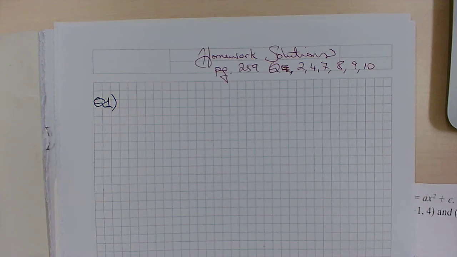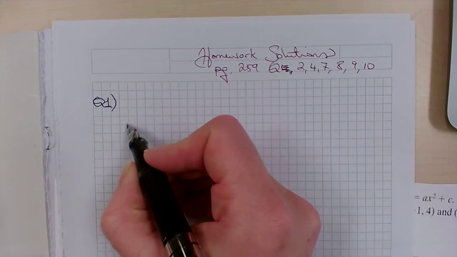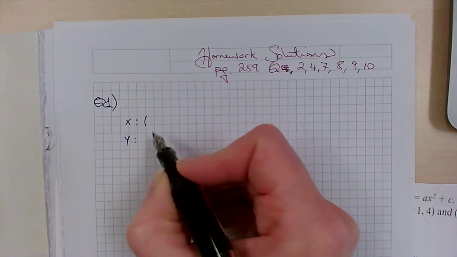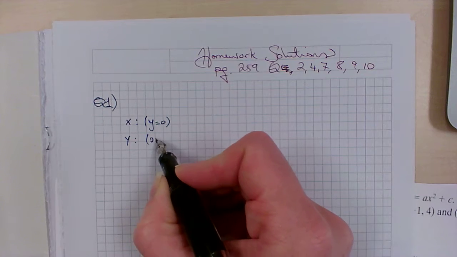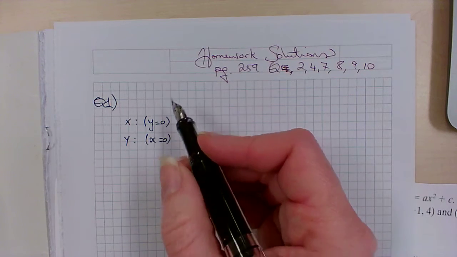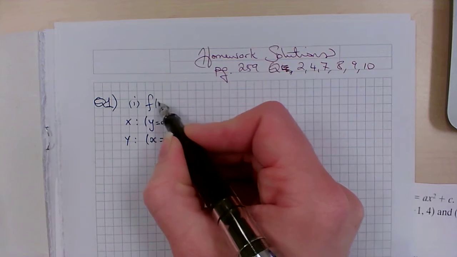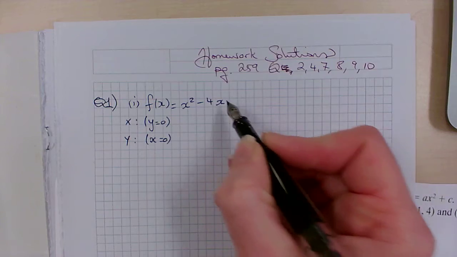So we're asked to find the coordinates of the points where each of these functions intersect the x-axis and the y-axis. Remember, x-axis means y is equal to 0, and y-axis means x is equal to 0. So for the first one, the function is x squared minus 4x.